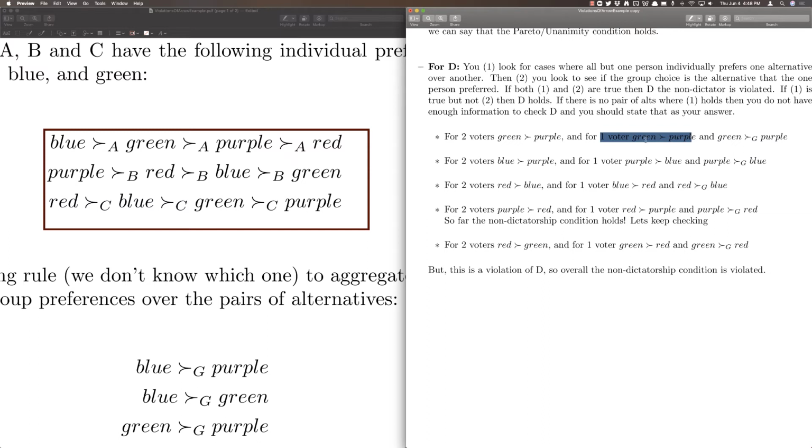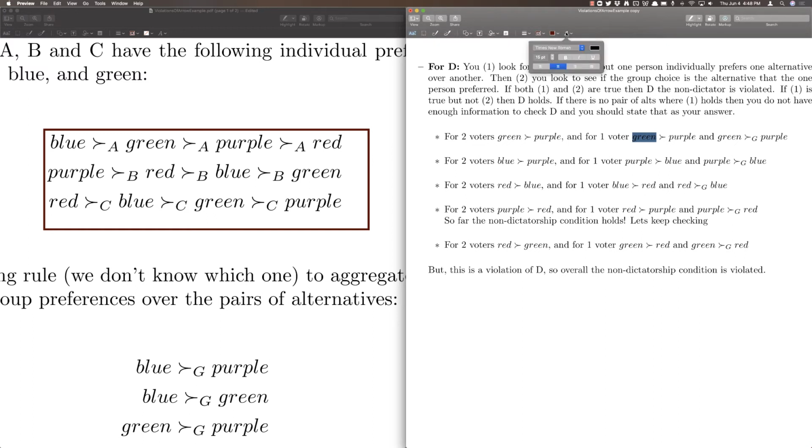sorry, that should say purple to green. I need to fix that. So let me just do that right here. I'll have to fix the uploaded one also. Let's see. How can I fix that? Where is strike through? Guess I'll just do it right here.